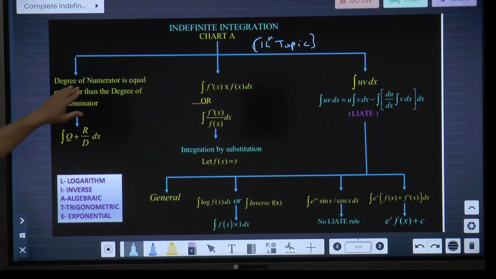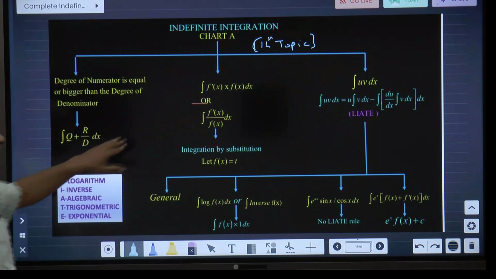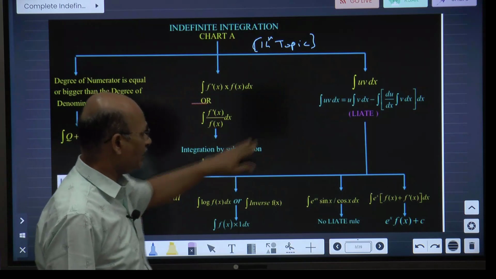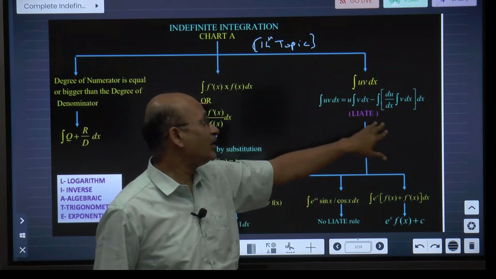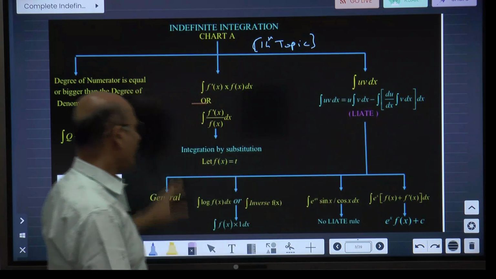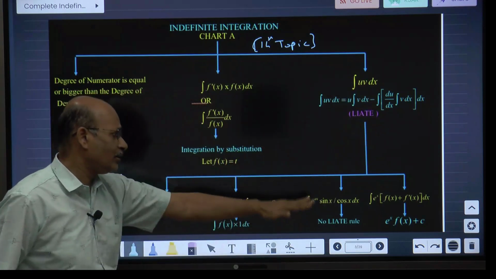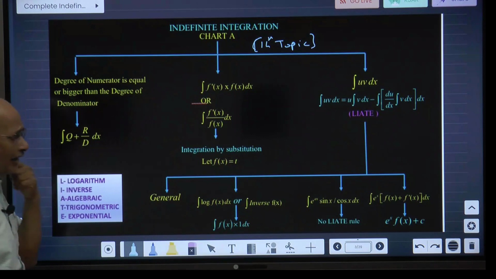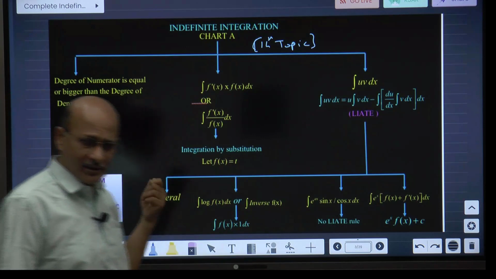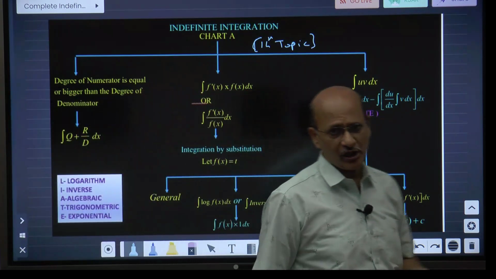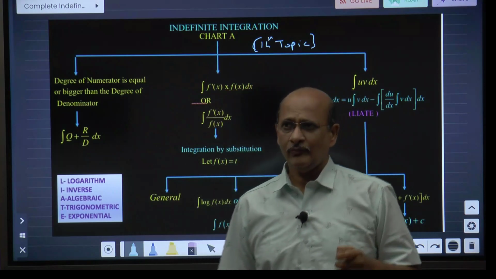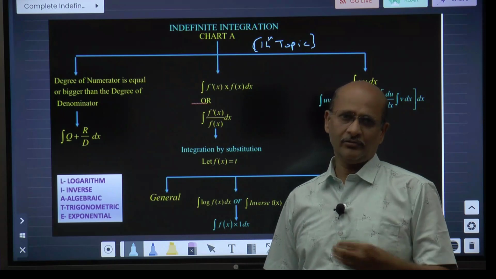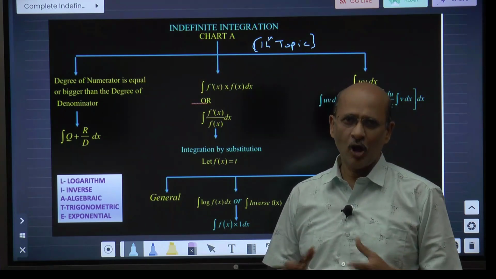Now in that you see the long division method, the substitution method, and the ILATE rule also. I mean to say integration by parts. In integration by parts there are different things also. You can see every type I have covered in this complete indefinite integration revision here, and I believe that this is really going to help you a lot.